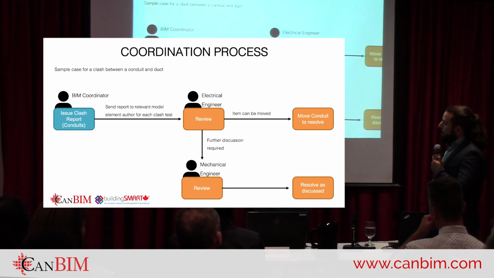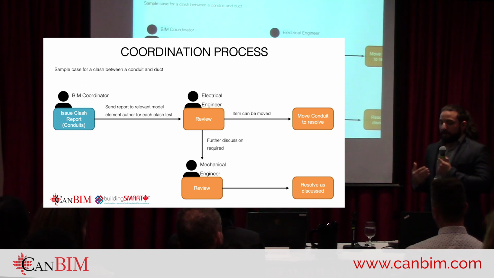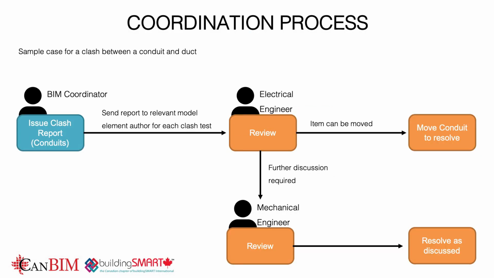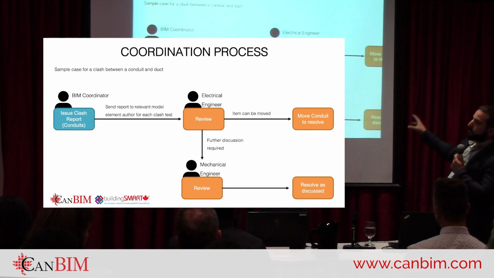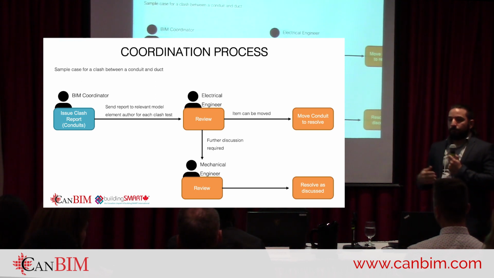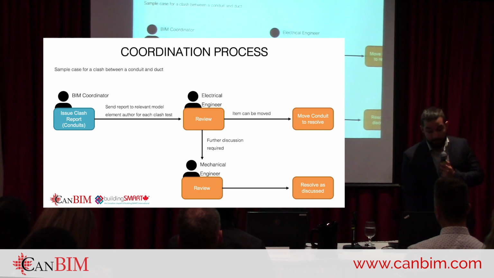If not, let's say it's not feasible to move that conduit, then they would go back to the mechanical engineer, start a discussion with them, and get to a resolution, whatever that's going to be. But in most cases, they can just take action and get this resolved, and we don't spend 5 hours in coordination meetings for every single one of them.